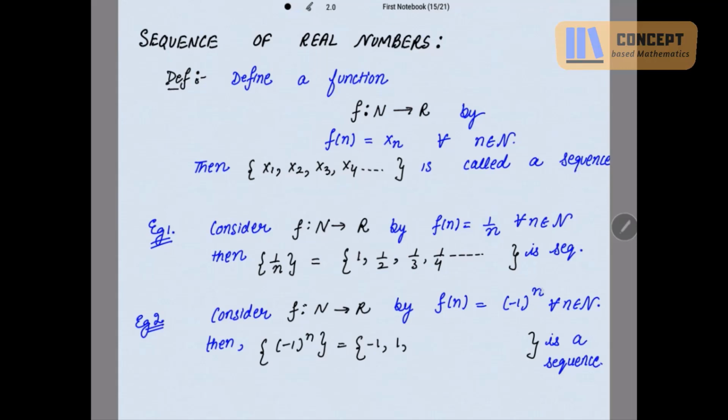Again, if you put n equal to 3, the power is odd, and minus 1 to the power odd will be minus 1. And then if you put n equal to 4, you will get 1. So you get minus 1, 1, minus 1, 1, and so on. So these are your elements for the sequence. Remember that a sequence may have the same elements, right?